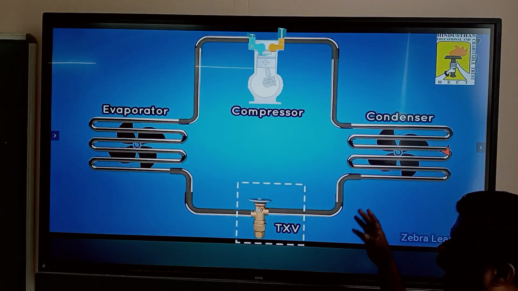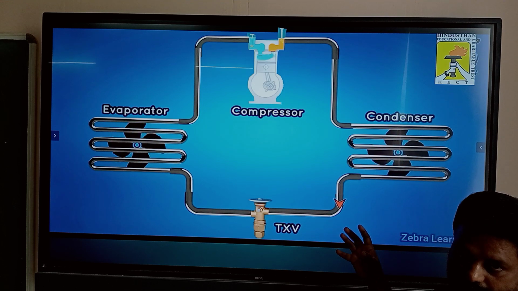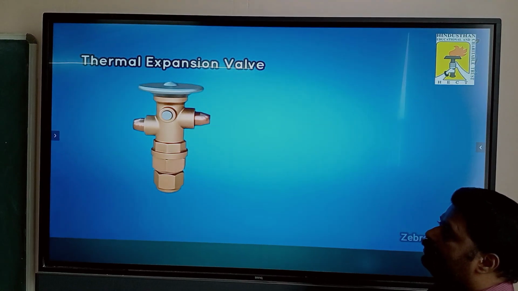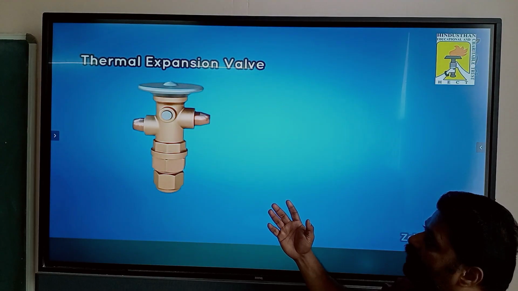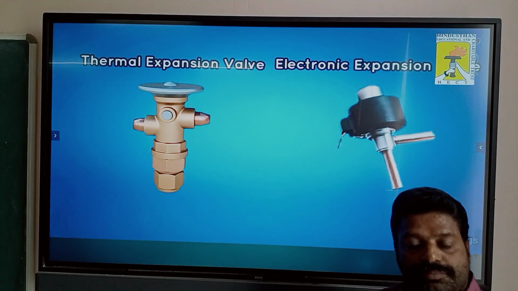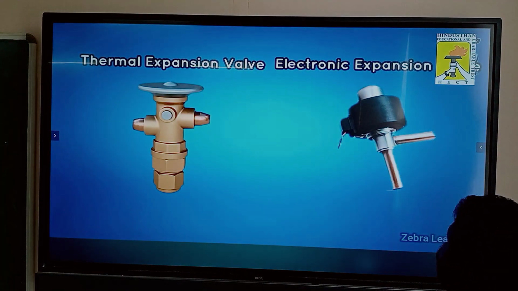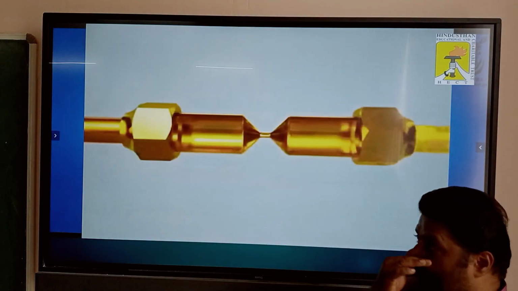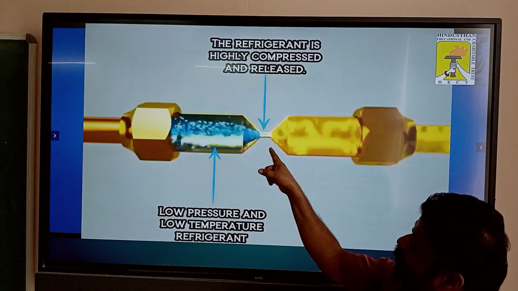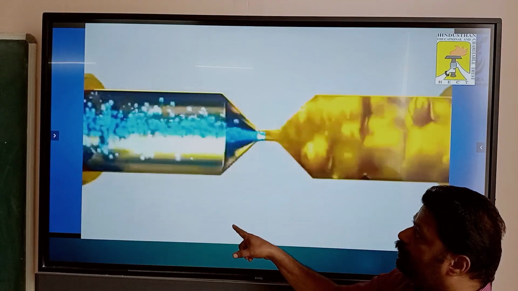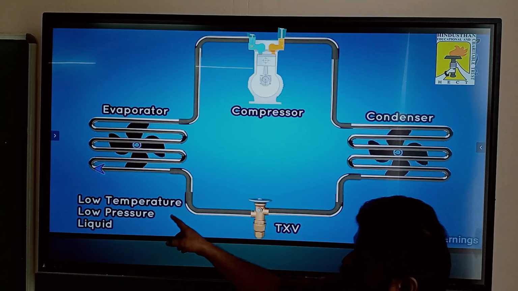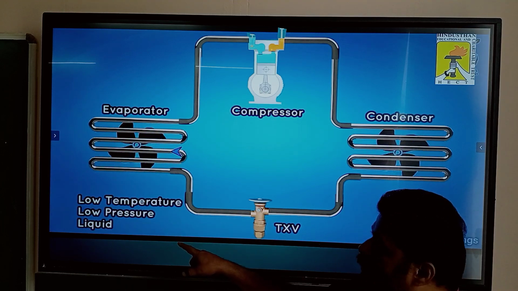Again, the high pressure liquid passes to the expansion valve. One type is the thermal expansion valve, another is the electronic expansion valve. Here the volume suddenly increases, and the high pressure is converted to low pressure, low temperature liquid.